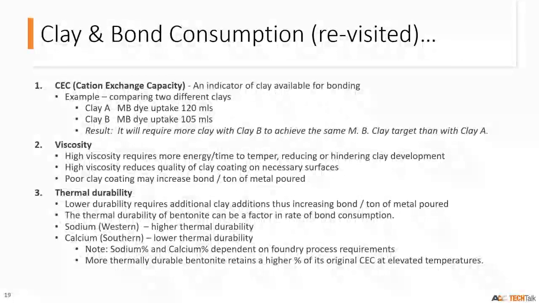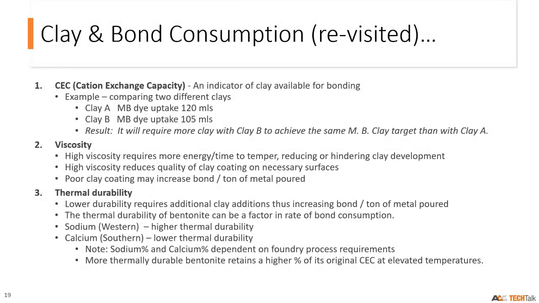The thermal durability of bentonite can be a factor in rate of bond consumption. So sodium equals higher thermal durability, calcium equals lower thermal durability. Please note that sodium and calcium percentages are dependent on foundry process requirements. More thermally durable bentonite retains a higher percent of its original CEC at elevated temperatures.